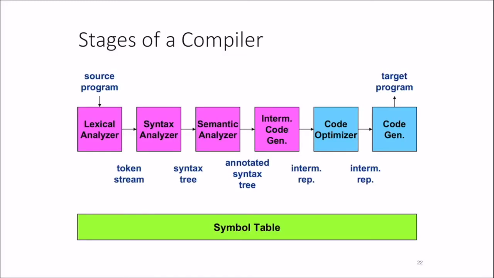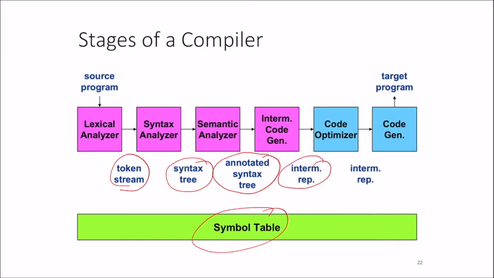So here are all the stages of the compiler we just went through. The lexical analysis stage produces tokens. So this token stream goes into the syntax analyzer, which produces the syntax tree. The semantic analyzer looks at the syntax tree and uses the symbol table to do a bunch of semantic analysis.